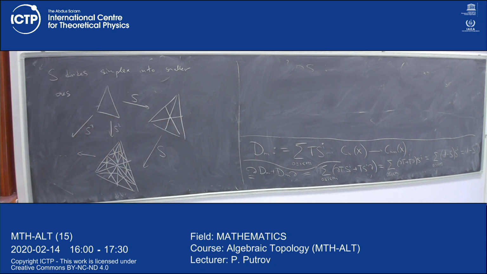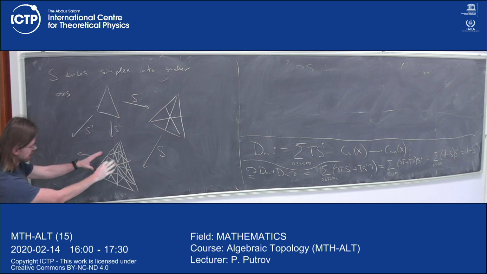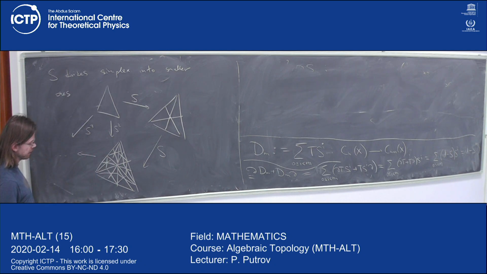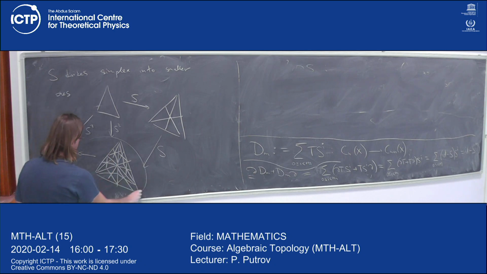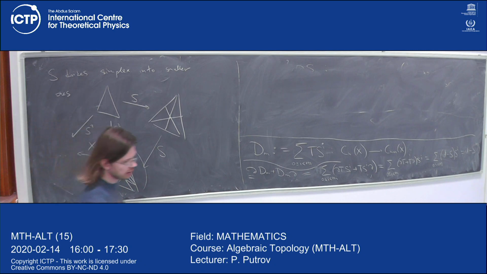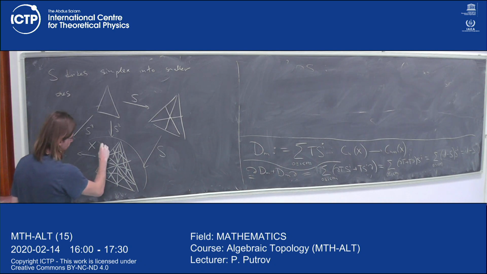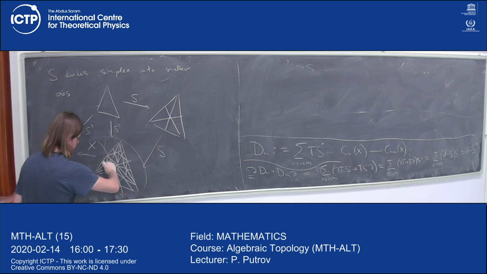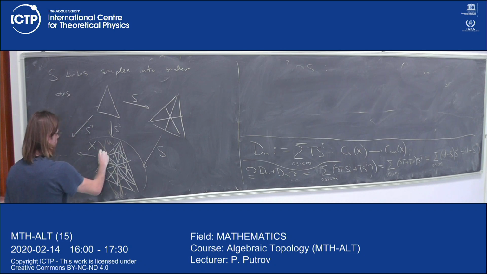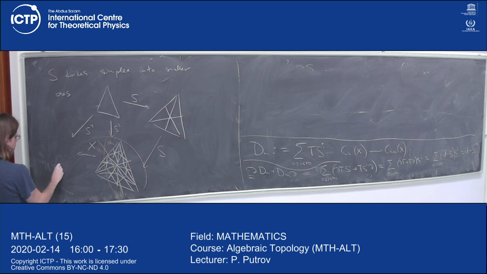So I can consider this as a single simplex inside my X. Suppose X is somewhere like this, and suppose it's covered. So I have a cover of this X. Suppose it looks like this: this is U1, U2, and so on.